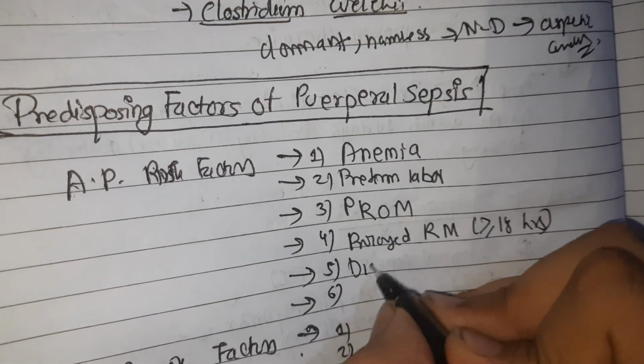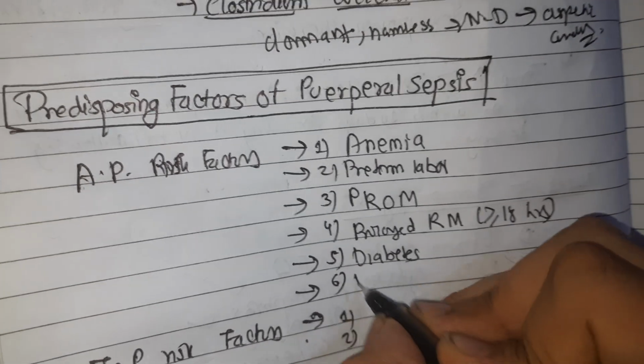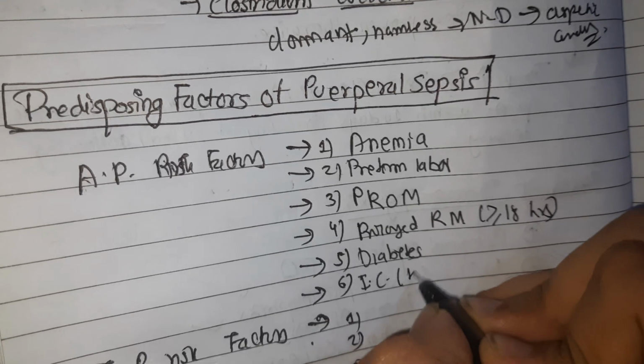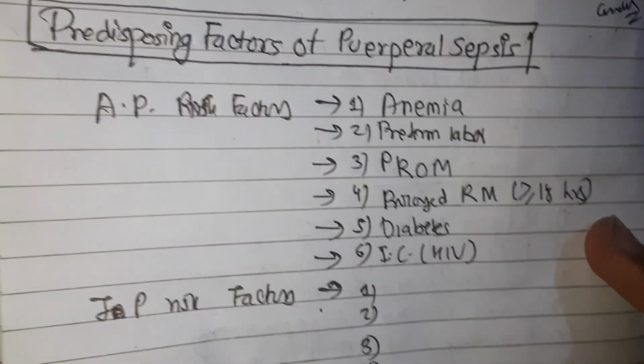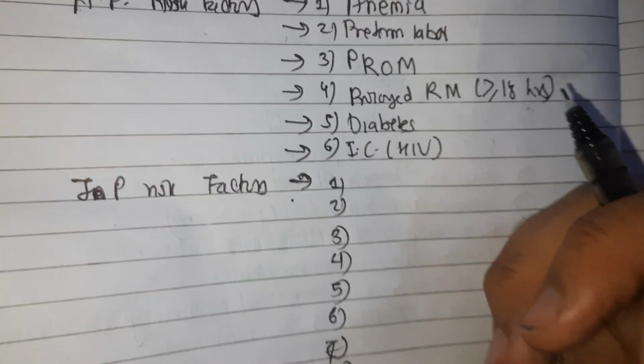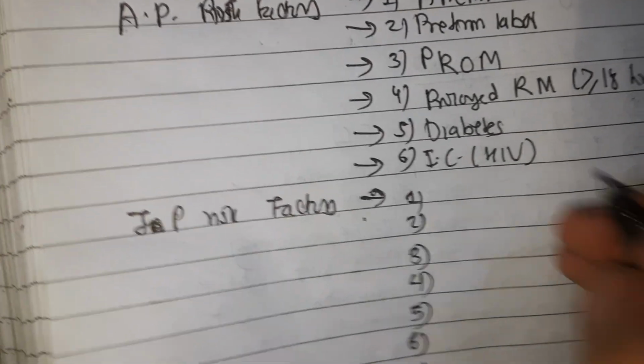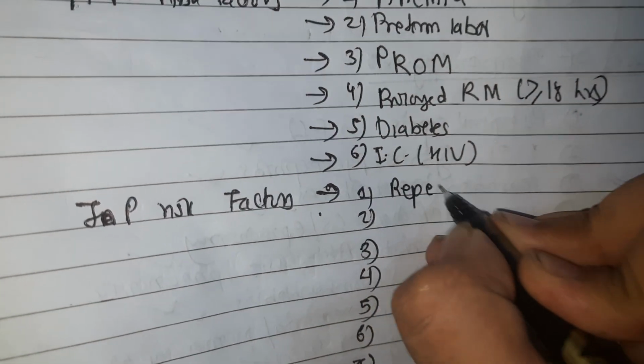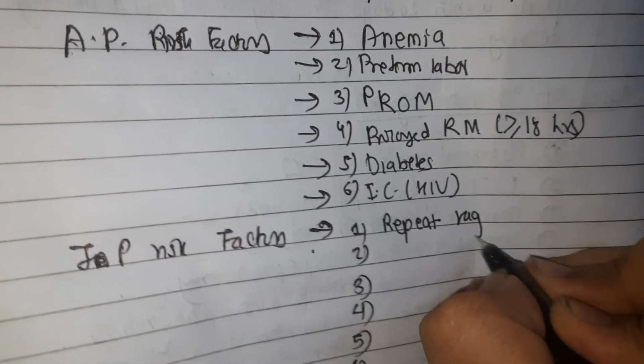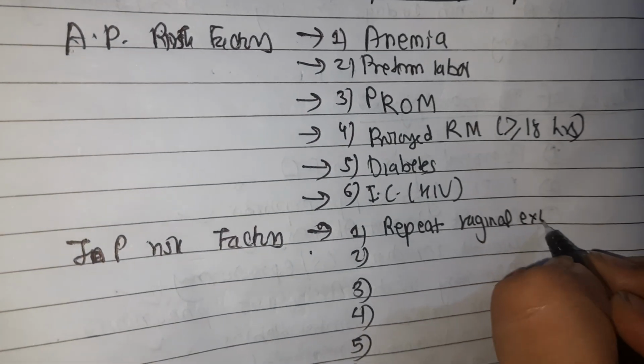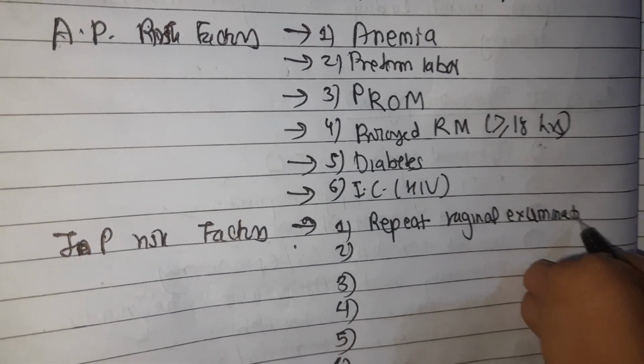We have diabetes, and the immunocompromised state, that is conditions like HIV. These are the antepartum risk factors for puerperal sepsis. And we have the intrapartum risk factors. The first is repeated vaginal examination in the intrapartum period.